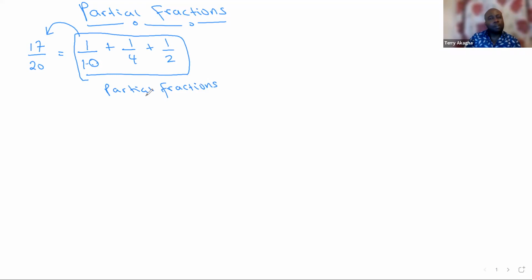So if all these are partial fractions, now we're trying to apply this to polynomials. And just to remind you, I told you earlier in my previous video that when you have a fraction like this, the top is the numerator and the bottom is the denominator. Okay, so how do you do this with polynomials?